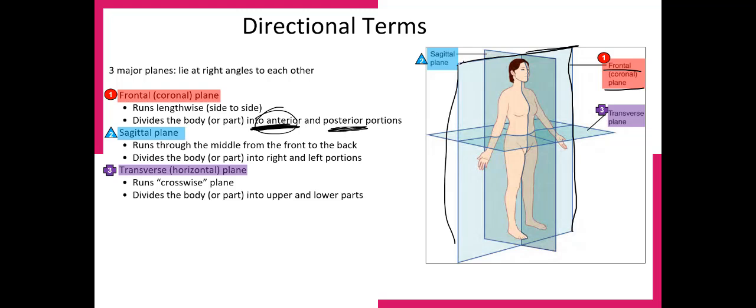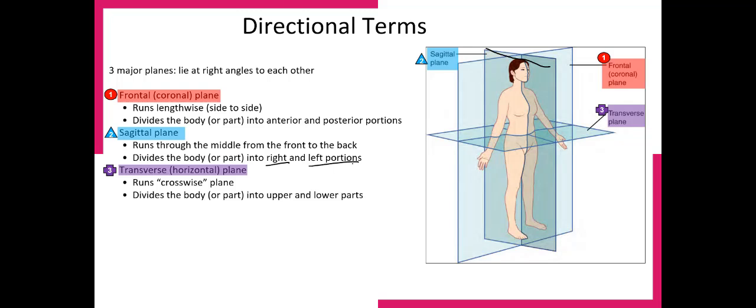So if you split a person via the coronal or frontal plane, it divides them into a front and a back portion. A sagittal plane, when you look over here, runs through the middle from front to back and divides the person into right and left portions.